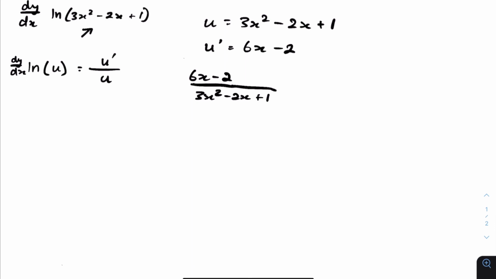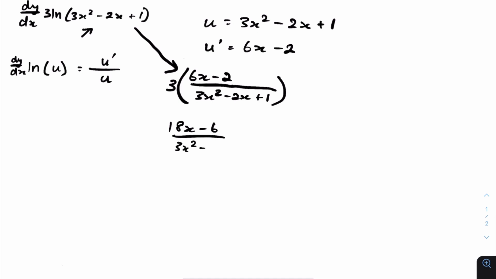And that would be how you get from here to here in terms of differentiating it. So ln itself is also pretty simple. And let's just say you had 3 ln of 3x squared minus 2x plus 1. You would multiply this by 3 to give 18x minus 6 divided by 3x squared minus 2x plus 1. And that's your final answer.